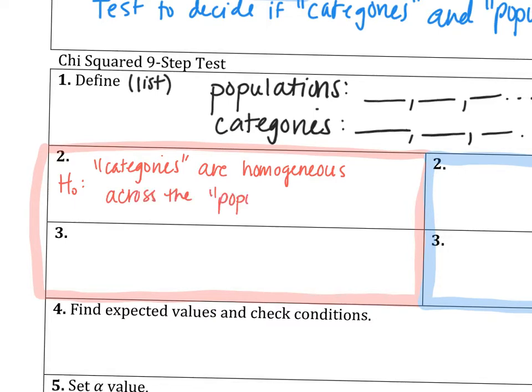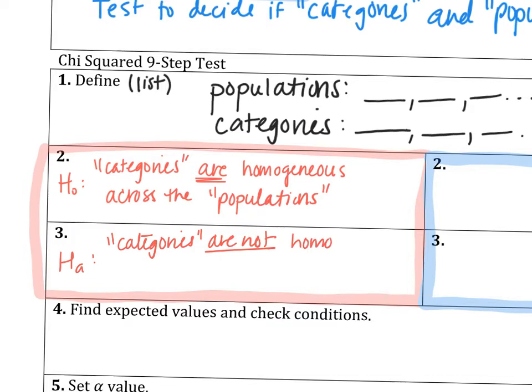And really what matters the most is that whatever you define these as up here, you carry through the rest of your test. Your alternate is that these categories are not homogeneous or the same across the populations.